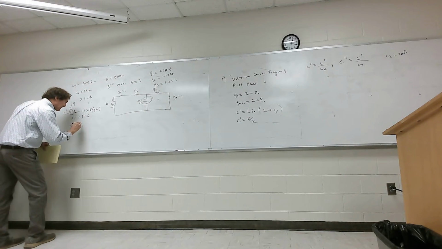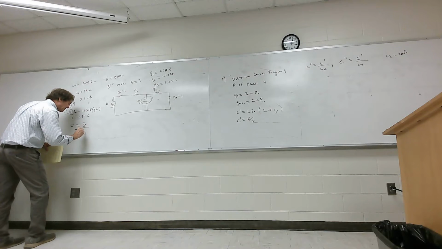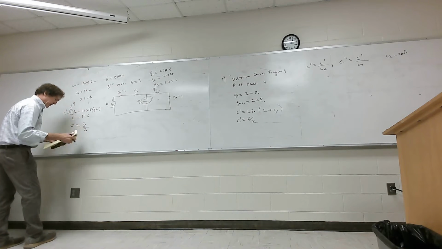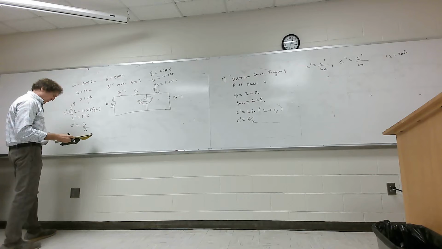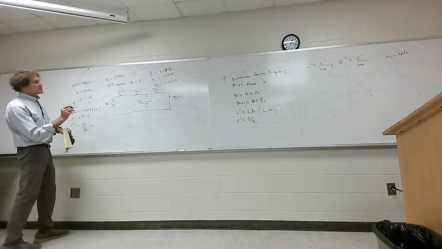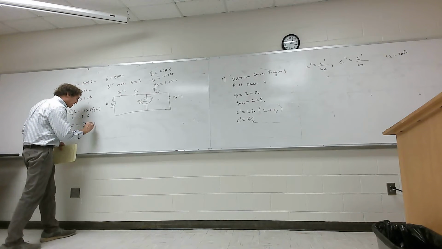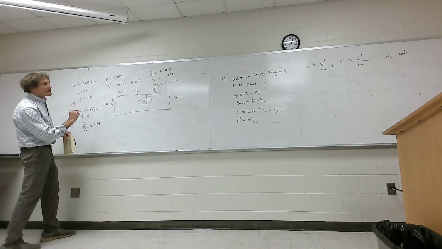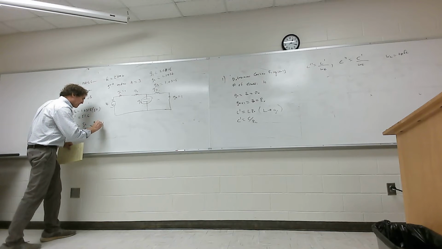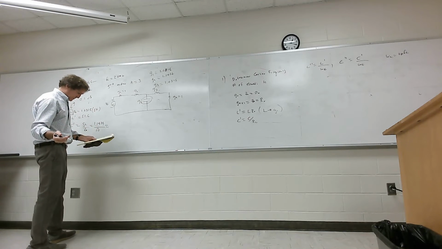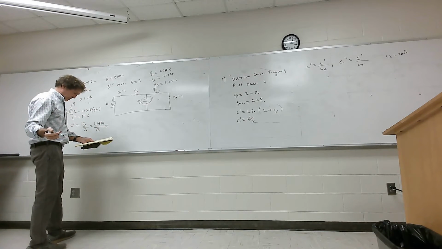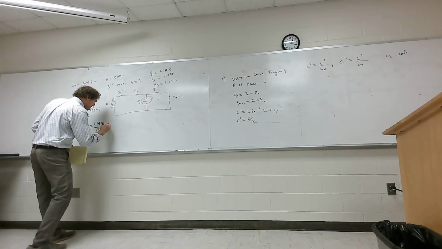In this case, G2 was 1.1474 divided by 50, and that equals 0.023.